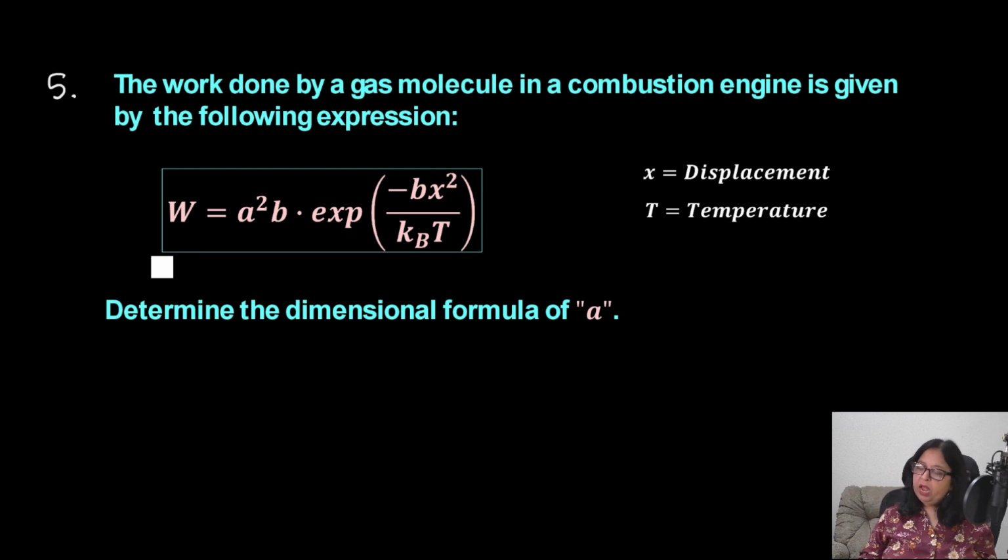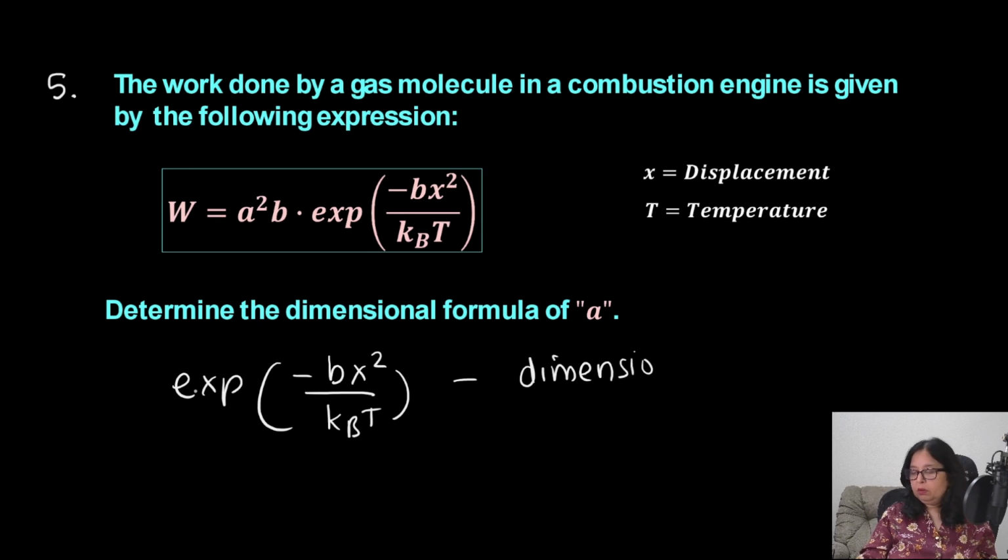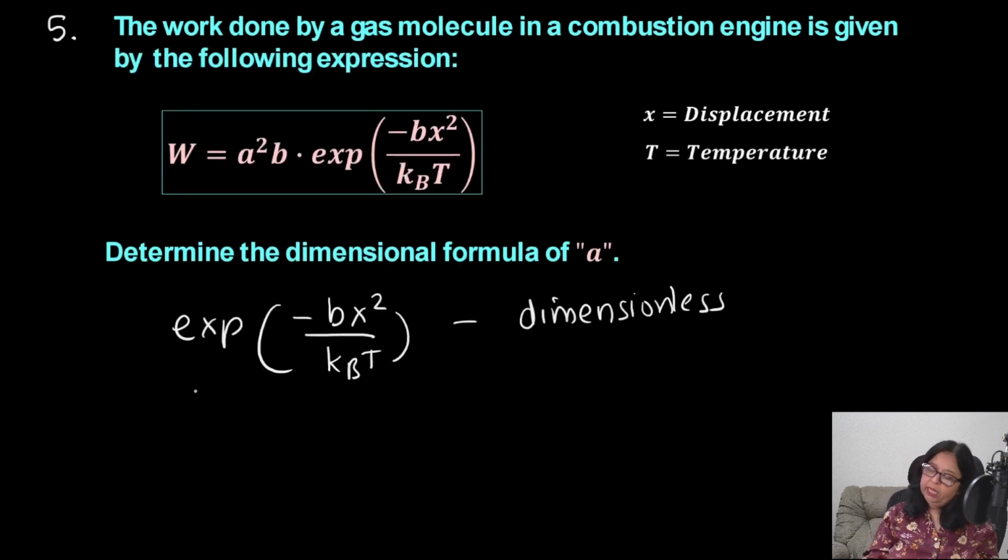Anyway, for now, I know, or we know, that the exponential, which is minus bx squared over kbt, is dimensionless. Okay, so what does that tell me? That tells me this exponent, now I can write it whichever way. I can write it kbt over bx squared or bx squared over kbt.